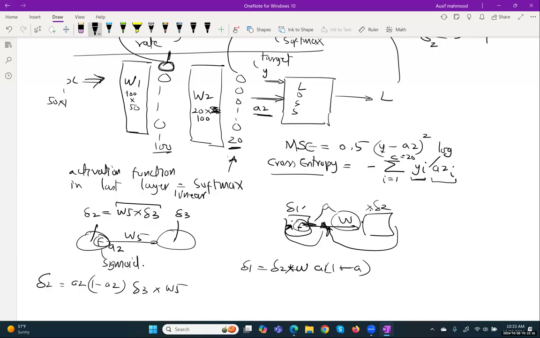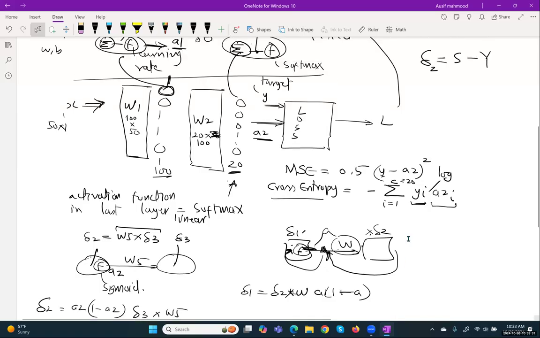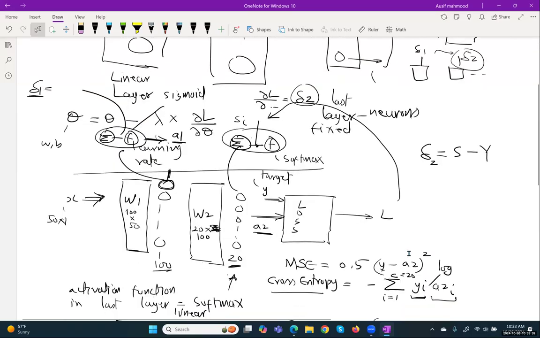So now let's go back to my previous example. My question to you was, let me use different colors. The delta that we computed up to this point, which we called delta 2, we came up with this answer based on the softmax activation function and the cross entropy loss.